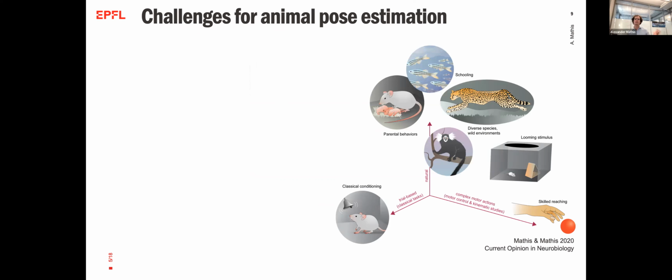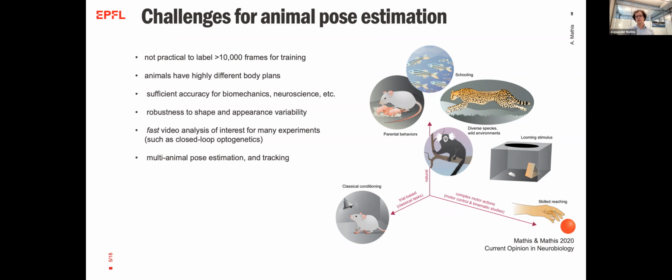While the previous slide, because humans are just animals, made it clear that these algorithms should work on animals, it is probably not practical for people in neuroscience or in ecology or whatever field you work in to label tens of thousands of frames and click on the body parts that you want in order to get a model that works. And in particular, this is extremely difficult because many animals that we work with look very, very different.